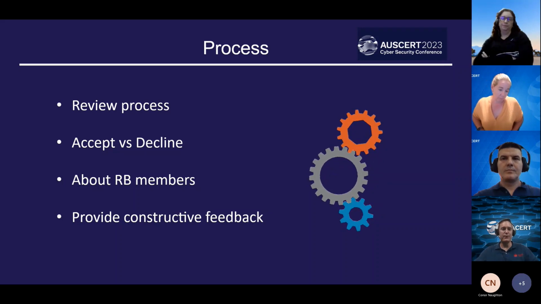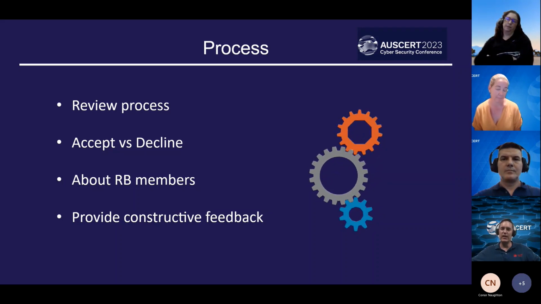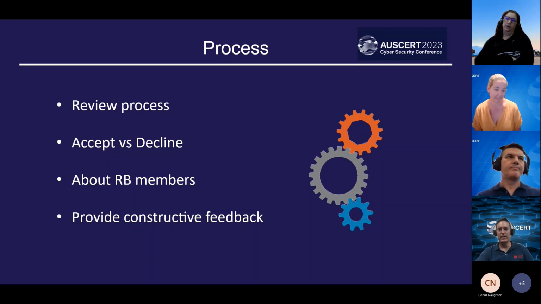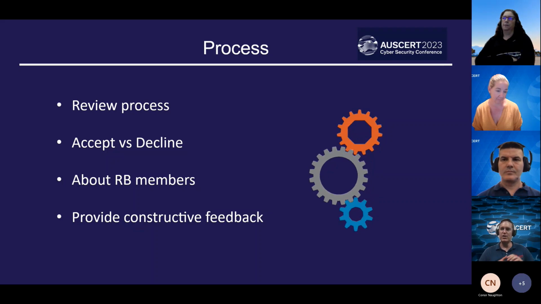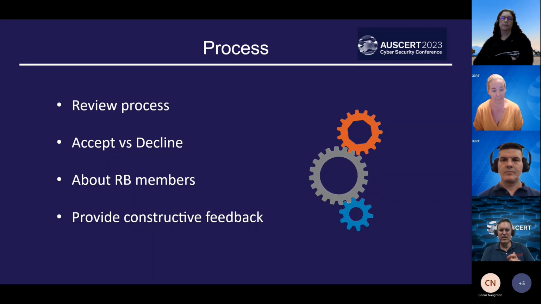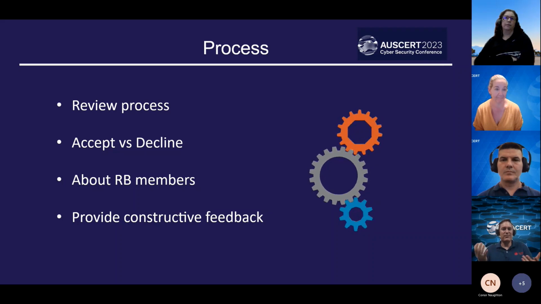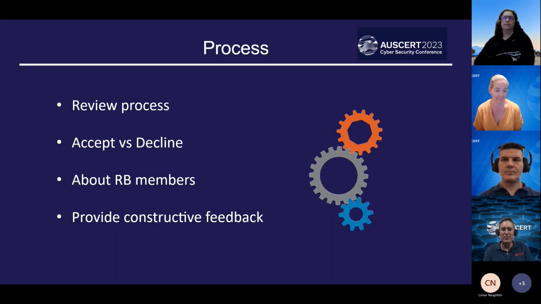We only have four rooms running concurrently, and that limits what we can accept. In the past we've had an acceptance ratio of about one in six or seven. It's a shame, but that's to keep the soul of the conference.